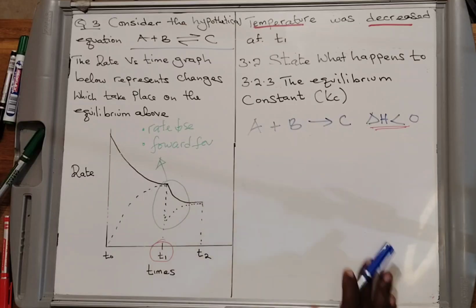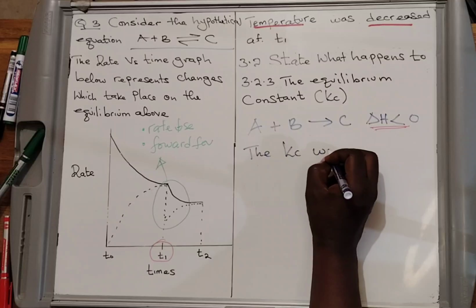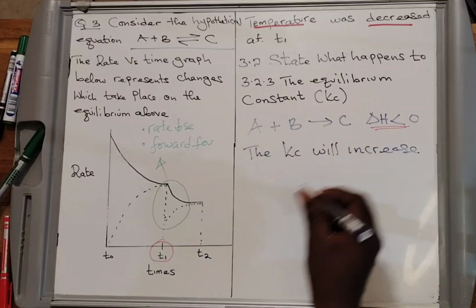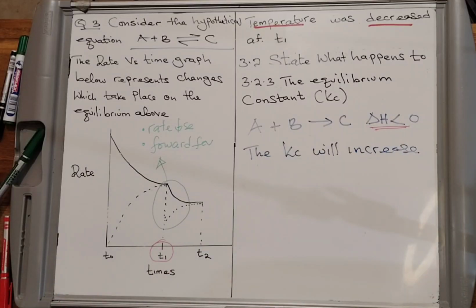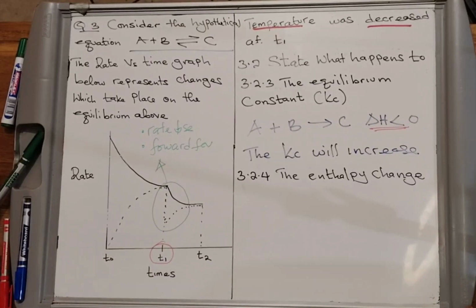So this reaction being exothermic and temperature decreased, what happens to the Kc? The Kc will increase. Okay, that one is answered. Then comes another question here. It says, state what happens to the enthalpy change. So what happens to the enthalpy change when temperature decreases?